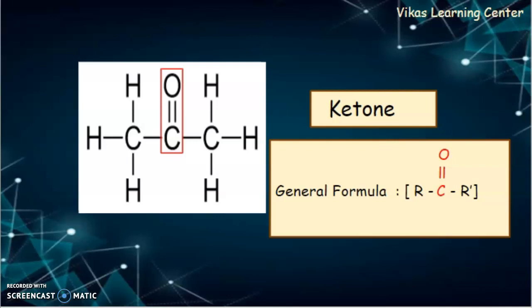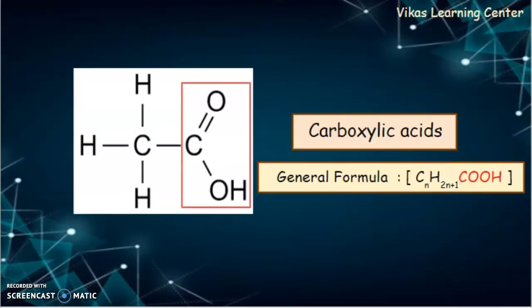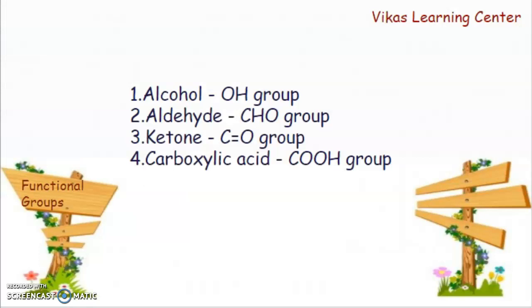Similarly, when you notice in any organic compound the presence of a COOH group, such organic compounds are called carboxylic acids, whose general formula is CnH2n+1COOH.